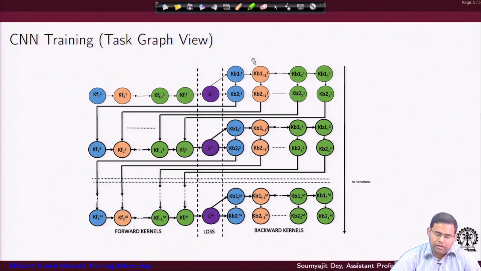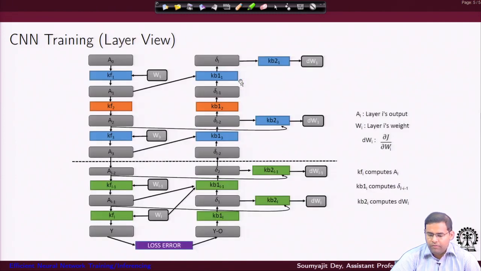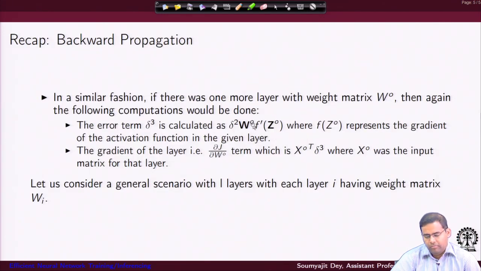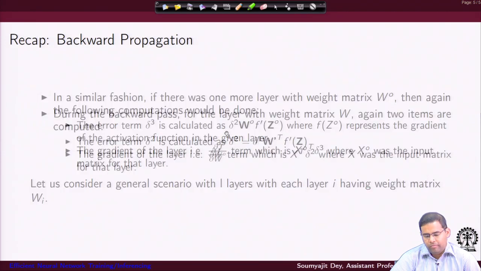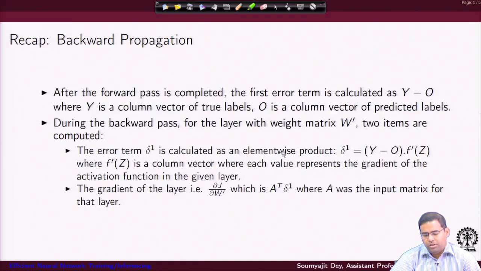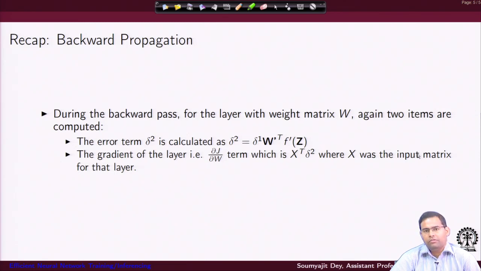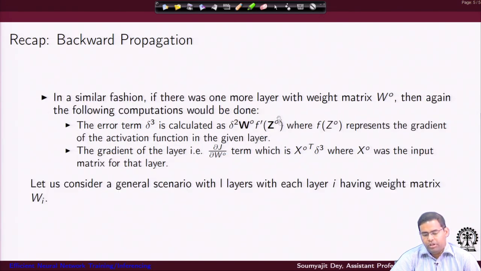But the important part that we want to discuss is this: we have the task graph view, but we have also understood that all the operations that are really going on, which is basically the delta computation, are all general matrix multiplications. As you can see, the loss matrix is multiplied by the gradients of the activation, and then each layer's deltas are multiplied with the layer's weights to get the previous layer's deltas, and you continue like that.